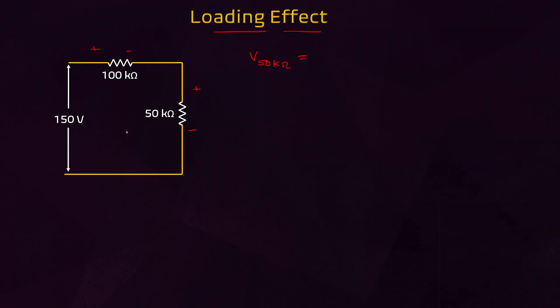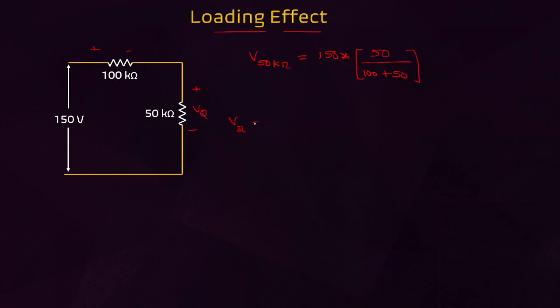Here we can easily apply the voltage divider rule, right? The voltage divider rule says total voltage into same branch resistance, divided by total resistance. Let me write the formula. Let it be V2.